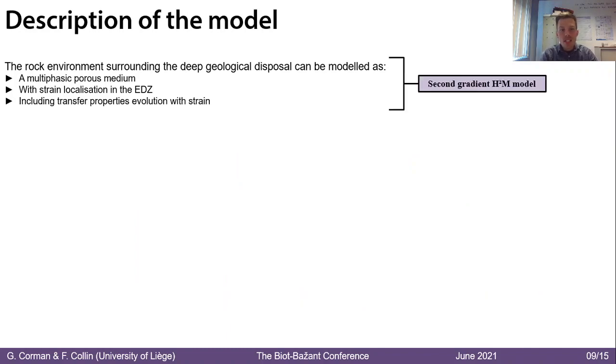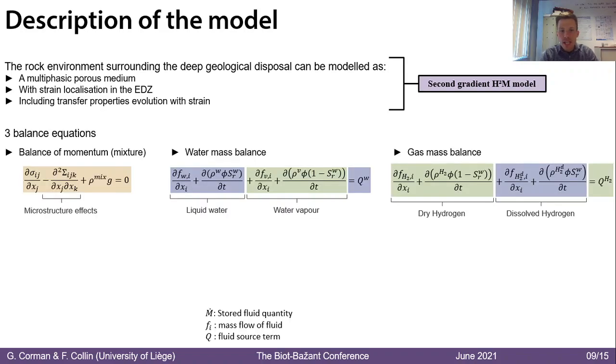And with these ingredients implemented, we obtain the second gradient two-phase flow hydromechanical model, which allows to consider the interactions between the gas transfer mechanisms and the fracture opening. And if we take a brief look at the framework of this model, then this model is governed by these three equations. There is first the balance of momentum for the mixture, where the microscopic effects are introduced through the double stress.